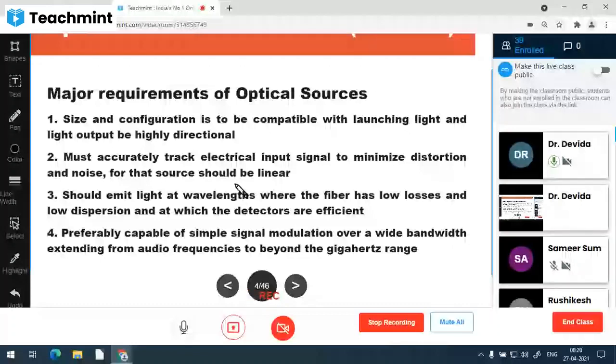The source should emit light at wavelengths where the fiber has low losses, low dispersion, and at which the detectors are efficient, preferably capable of simple signal modulation over a wide bandwidth extending from audio to gigahertz.